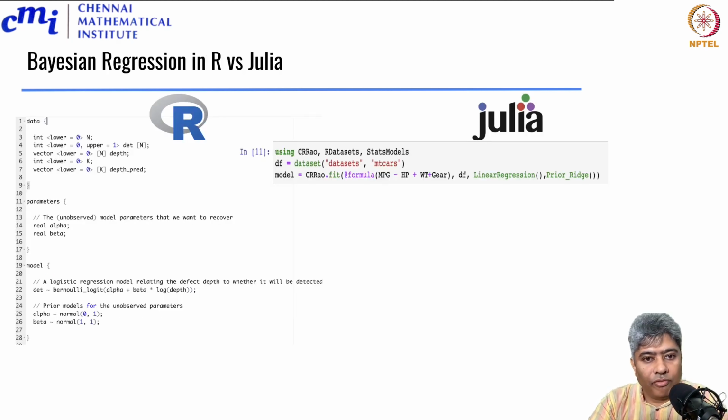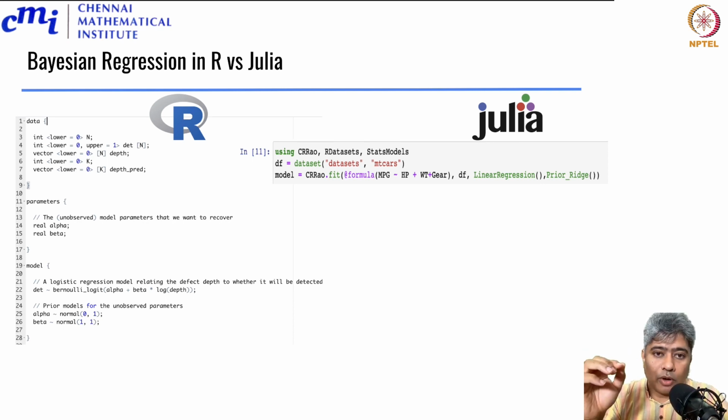So here I have given you a code. This is the Stan code that I have written for Bayesian regression in R. It's about 30 lines of code that I wrote in Stan, and then I thought I could write a small line of code which will, in one line, implement the Bayesian linear regression with Ridge prior. But what I found is that implementing anything on top of Stan is very difficult, because Stan makes it a 3-language problem.